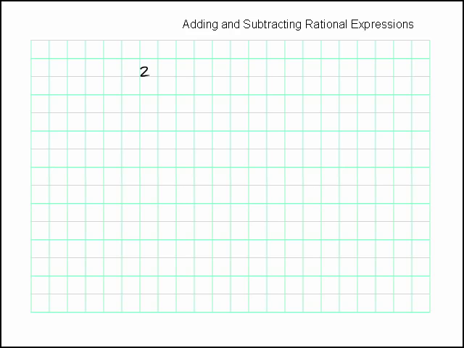2 over y minus 2 minus y over y minus 1. Y minus 2 and y minus 1 are two completely different factors, and so once again the LCD is just going to have to be the product of the two.